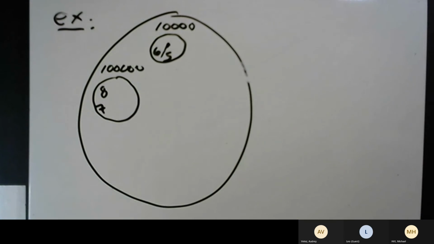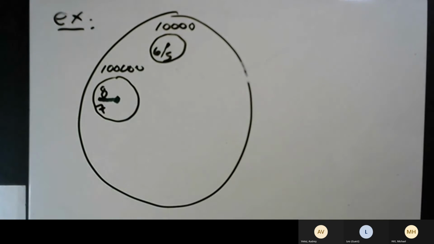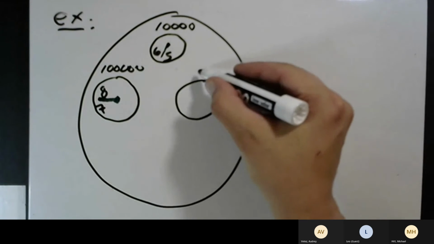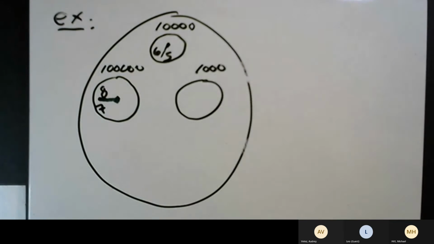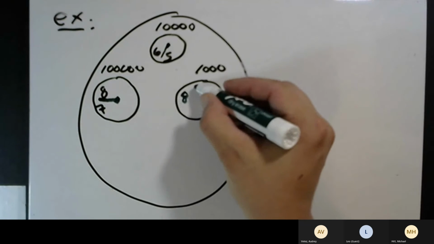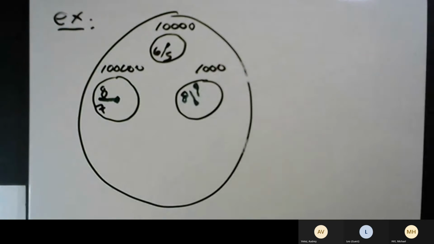We have an 8 and a 7. Let's put our needle between those. We have 1,000, our needle between 8 and 9.